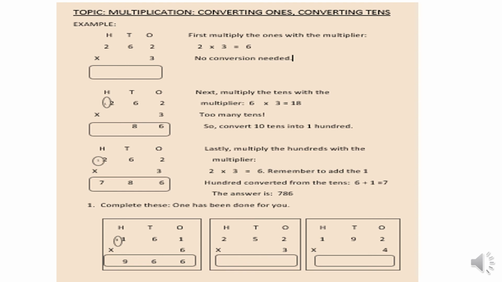Then multiply the tens by the multiplier. In tens you have 6, so 6 multiplied by 6 equals 36. So you will write 6 here and carry 3 to the hundreds. In hundreds you have 1, so 6 ones are 6 plus 3 which is carried, so this is 9. Your answer would be 966.